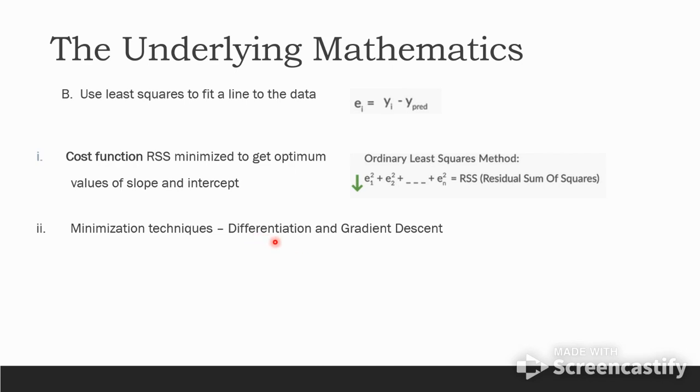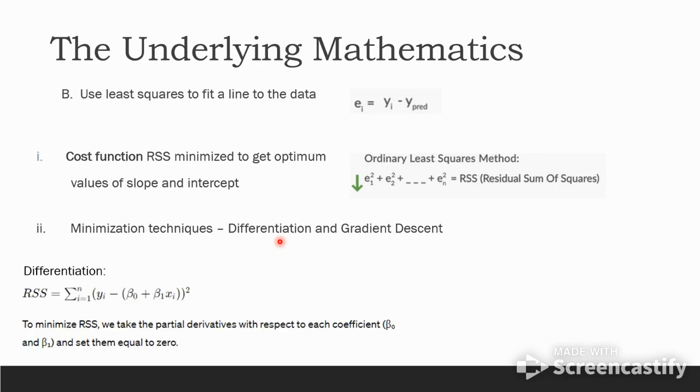The other method is gradient descent, which is covered in the next presentation and is out of the context of this one, because right now we are dealing with simple linear regression, and differentiation is the method employed in arriving at the best fit line, which describes the data best.